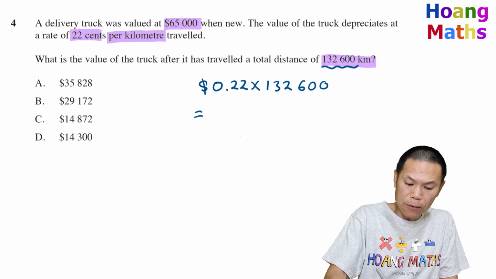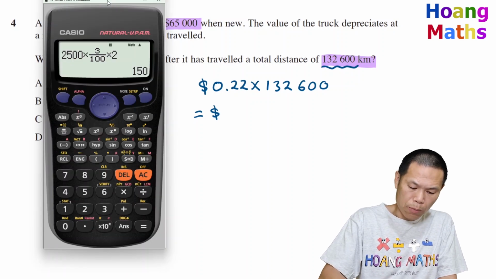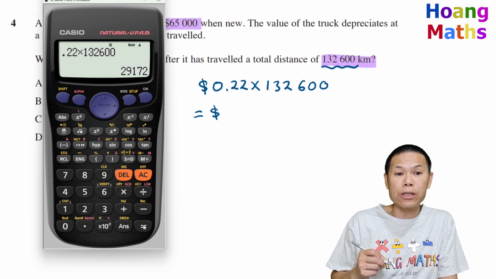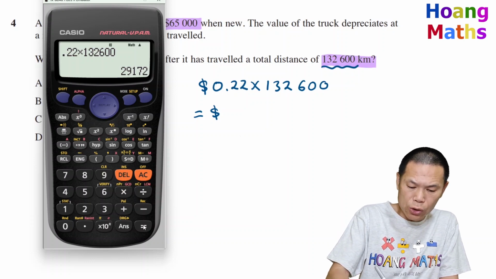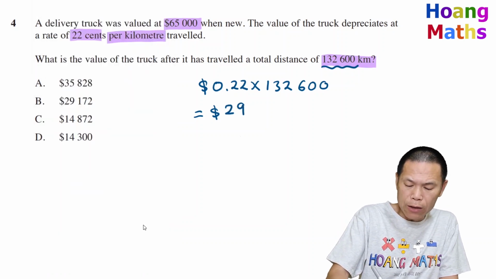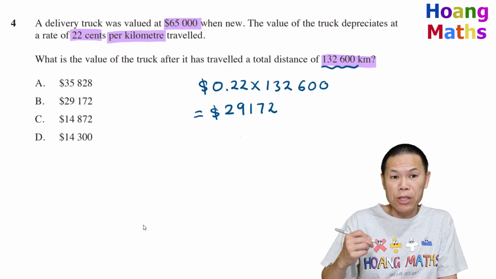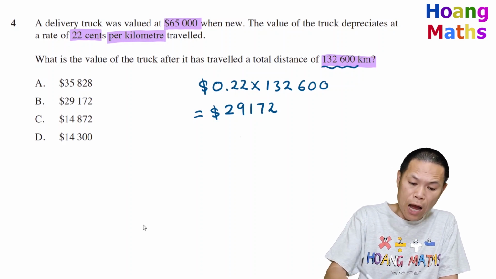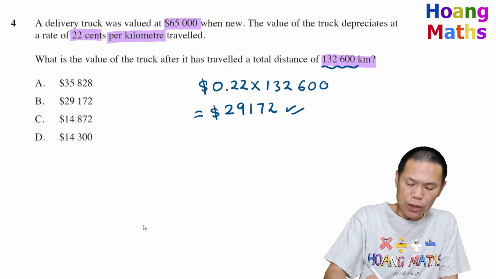So just go 0.22 times 132,600. So there you go, $29,172. That is how much it has depreciated. So now we need to work out the value after this depreciation.